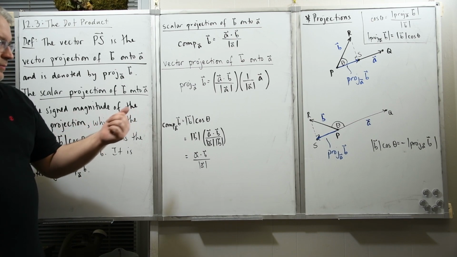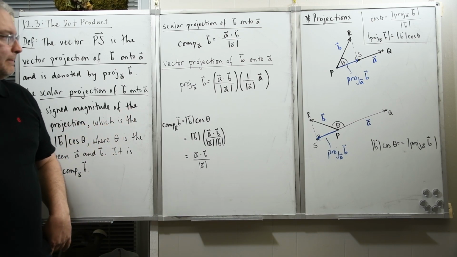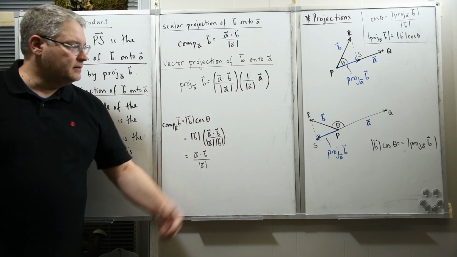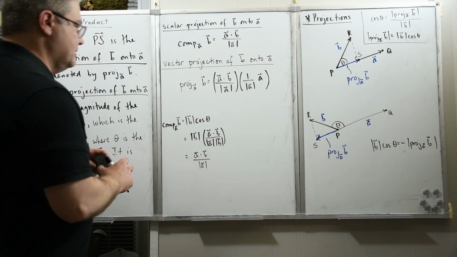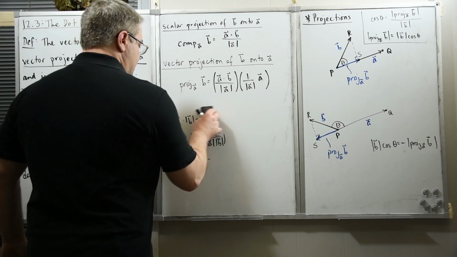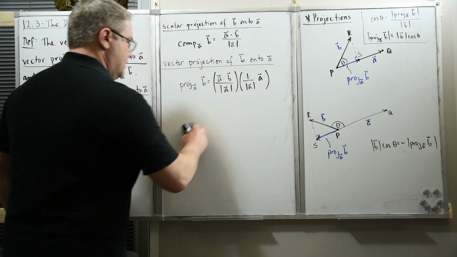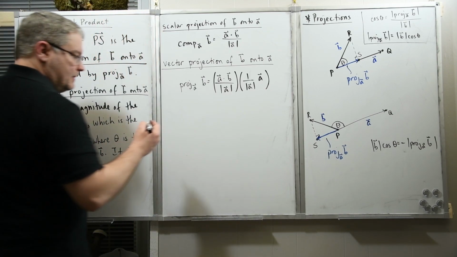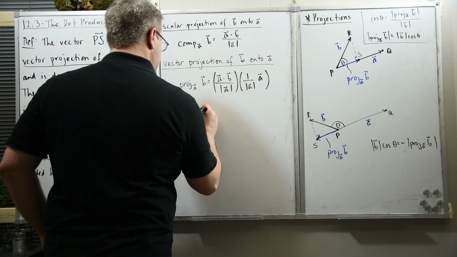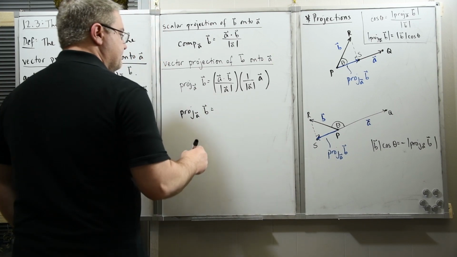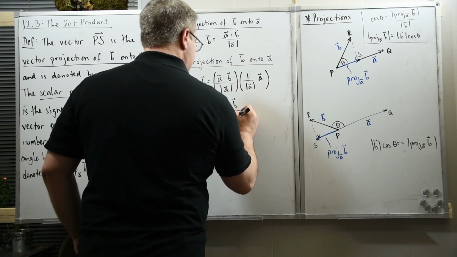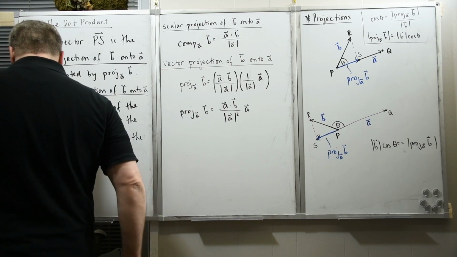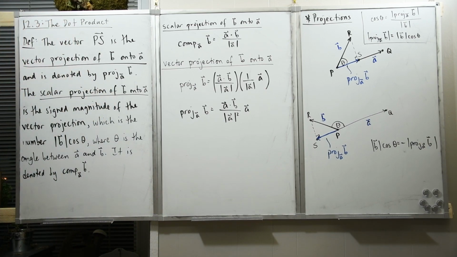So you'd want the projection vector to be pointing in the opposite direction as A. But it's all taken care of by this part. Pointing in the same direction or pointing in the opposite direction is all really taken care of by the dot product of A and B. Put all this together and you've got the projection of B onto A. It's going to be A dot B over the square of the magnitude of A times the vector A. So that, once again, is the projection of B onto A.